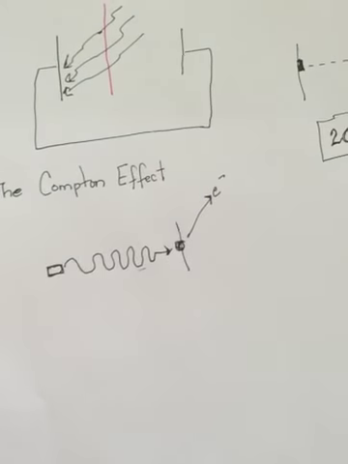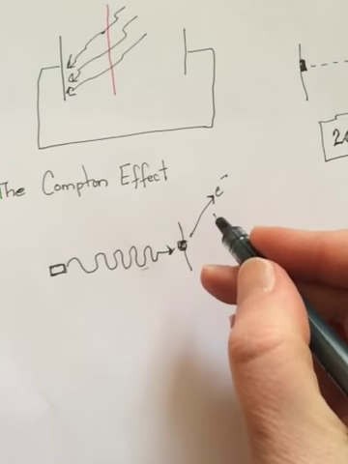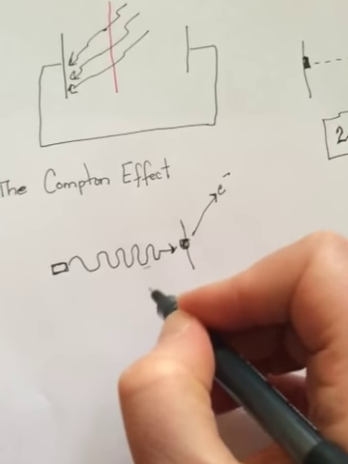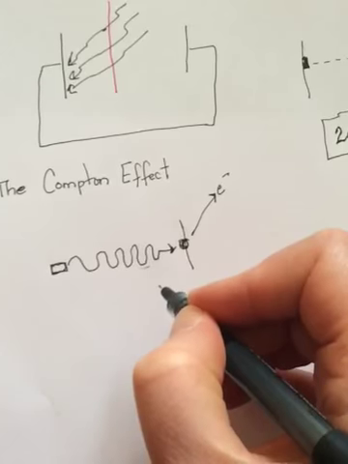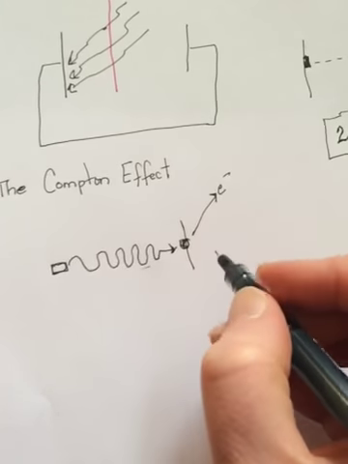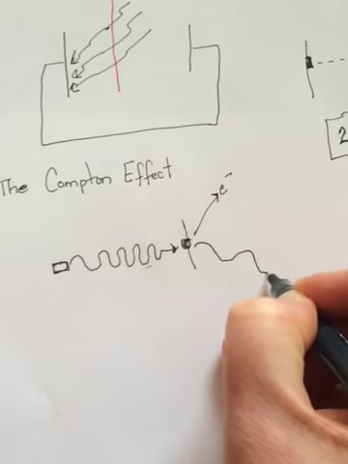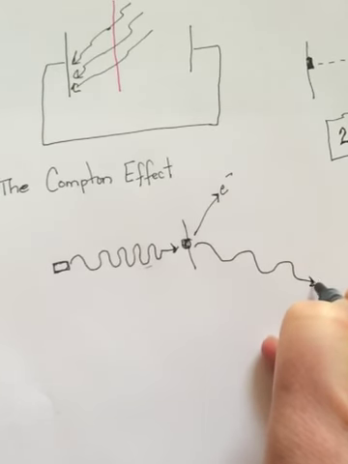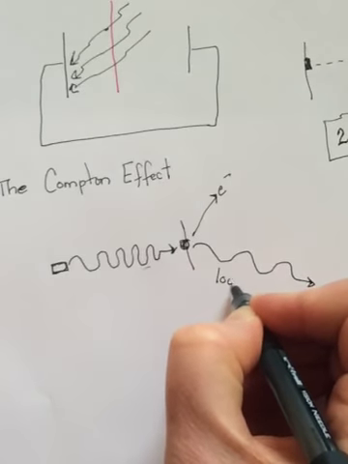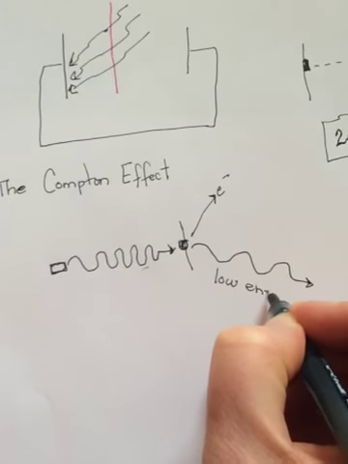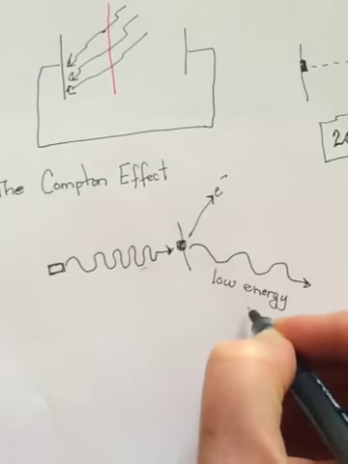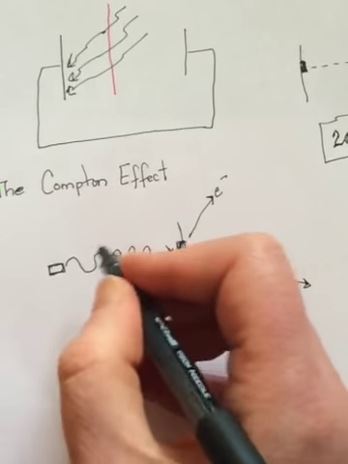The electron now has some momentum. And if the electron has some momentum, it must have gained it from the collision with the light, from the packet of energy. And as Compton examined it, he saw that also given off was a lower energy photon. So going in was a high energy photon, and then coming out was this low energy photon.